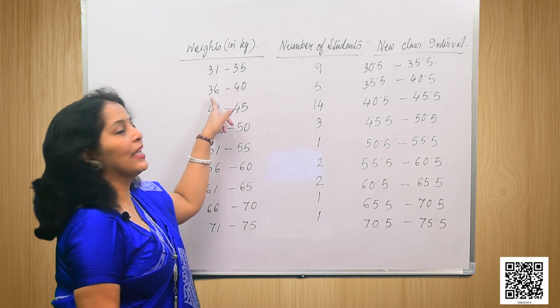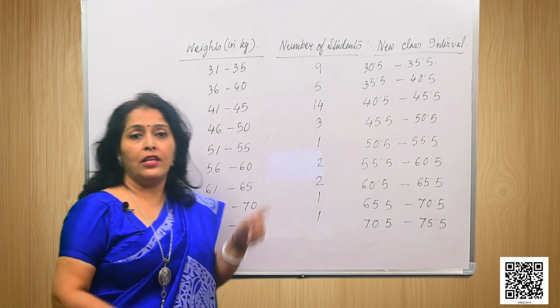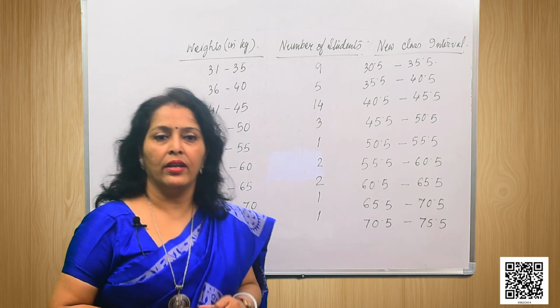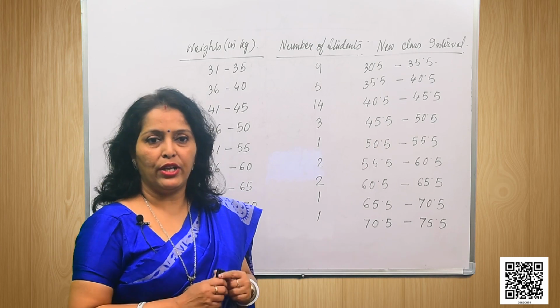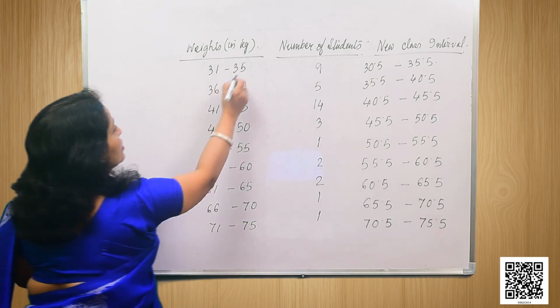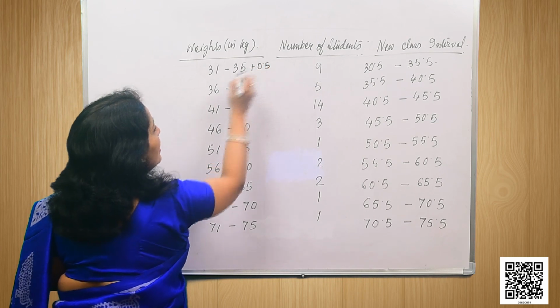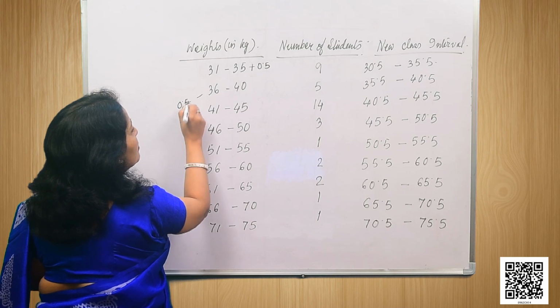To fill up the gap between this 35 and 36, see, the difference between 35 and 36 is 1. So the middle value will be 0.5, or we can say 1 by 2. So what I do is I add that 0.5 on this side and subtract that 0.5 from this side.